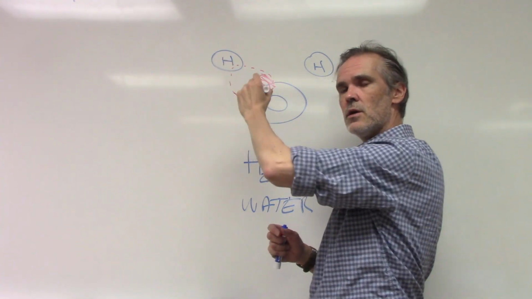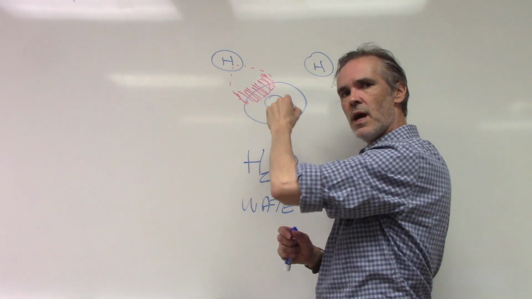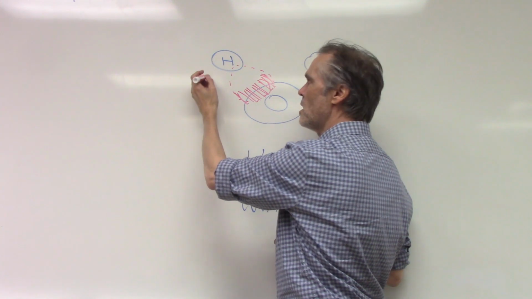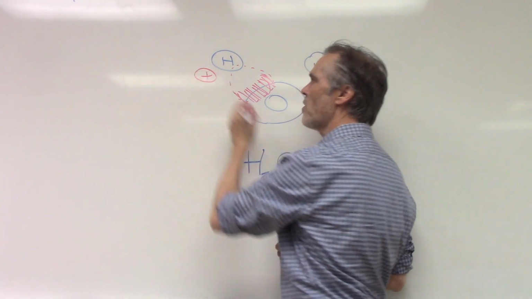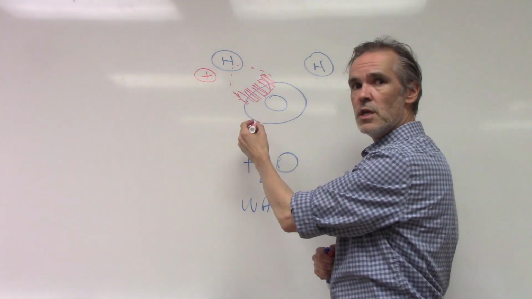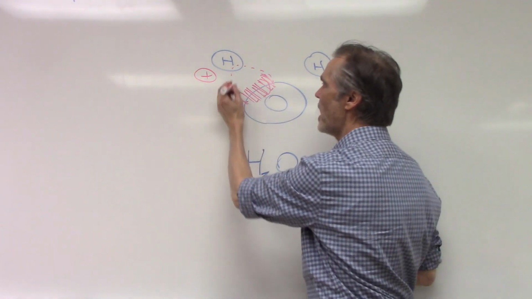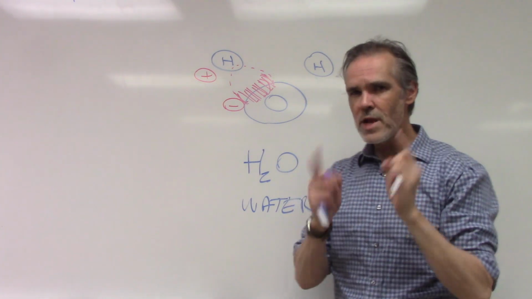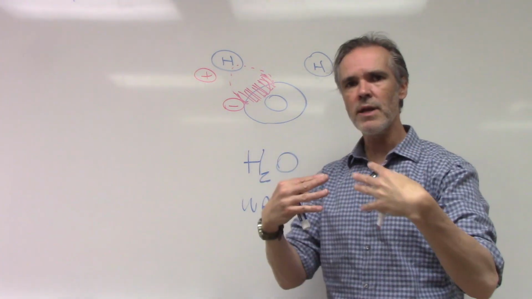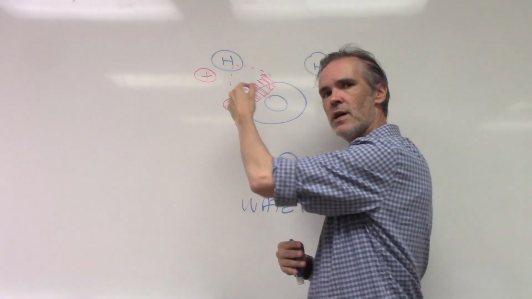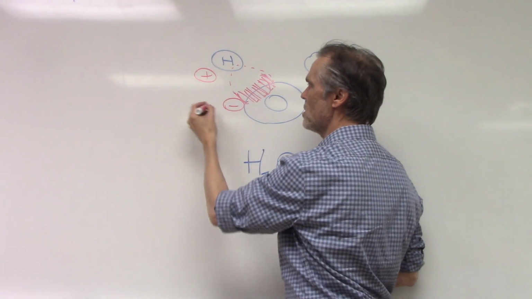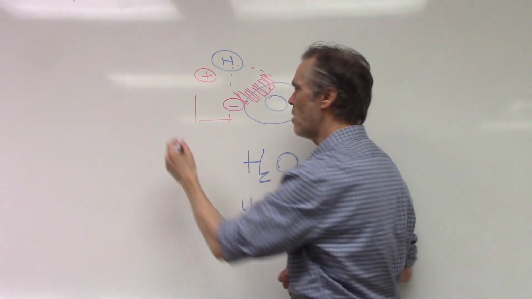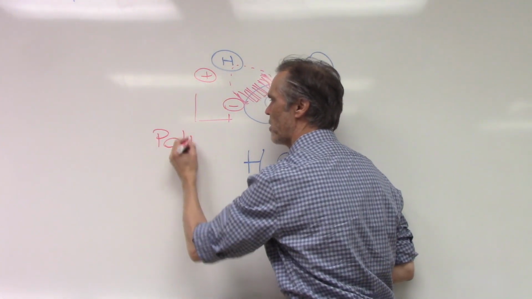But the electron spends more time here. So if we could look at it, we would say that this region is a little bit more positive than this region here on the oxygen, and that region right here is a little bit more negative. It's not really negative. It's just more negative because the electron spends more time here. So here, what we have here is an element of what we call polarity.